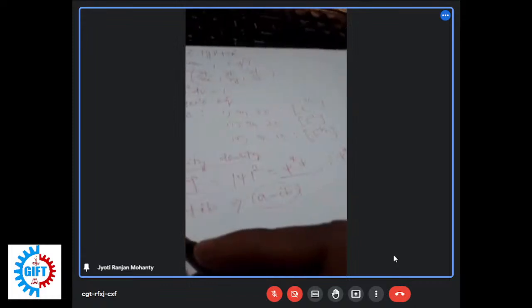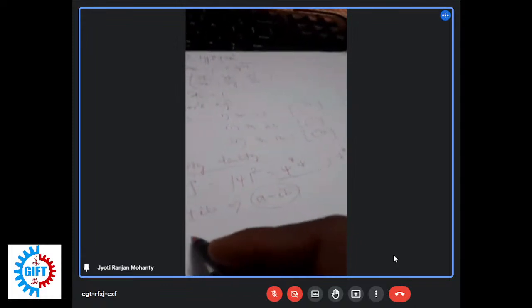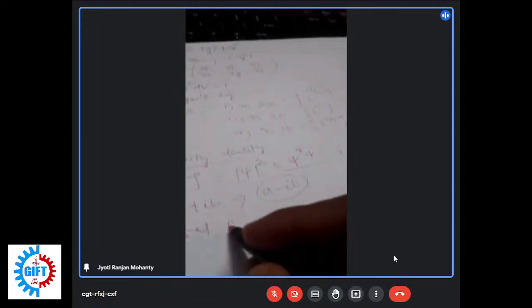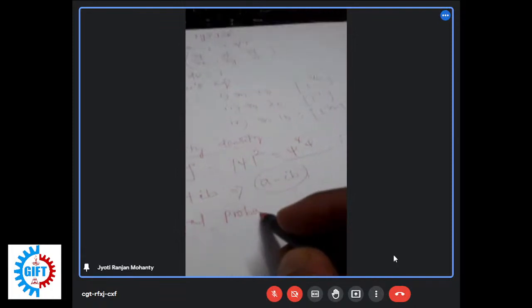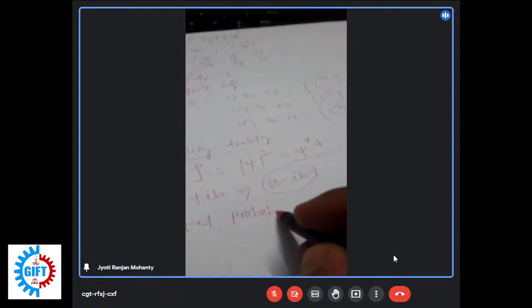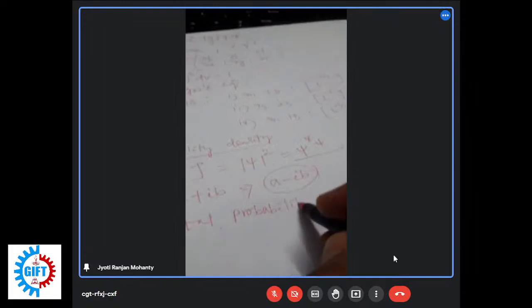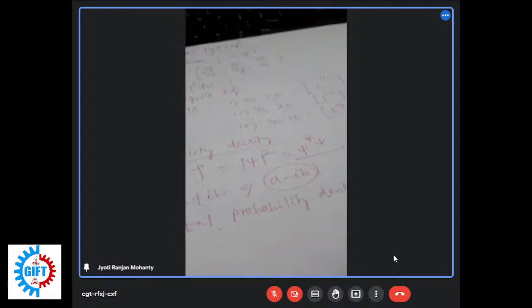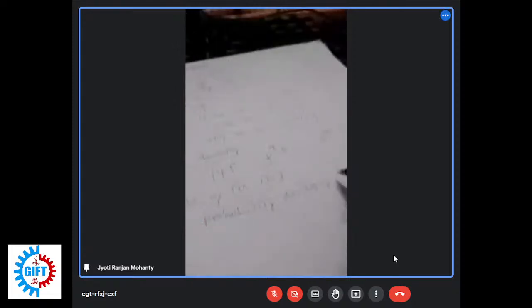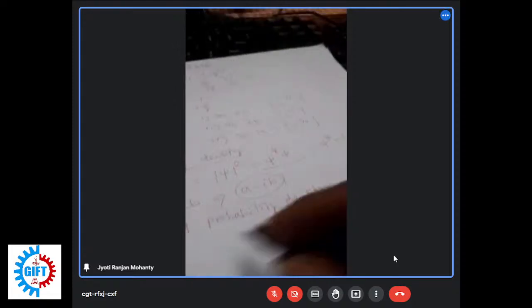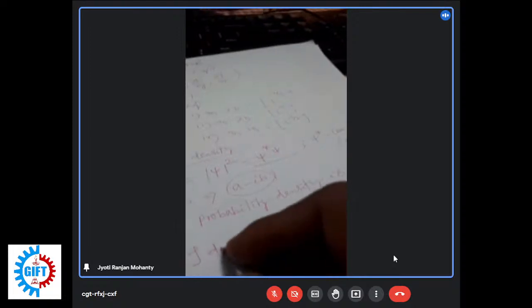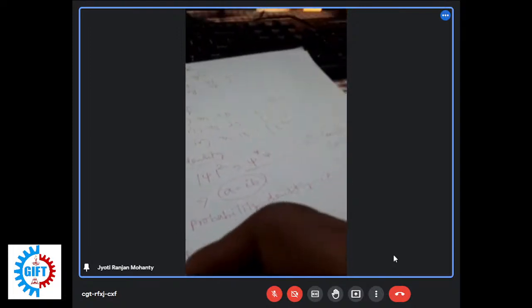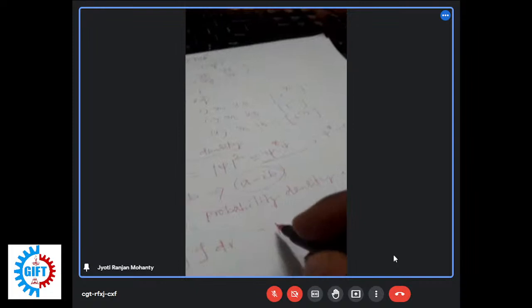But the total probability density is the integration of rho dv, and the answer is equal to 1.